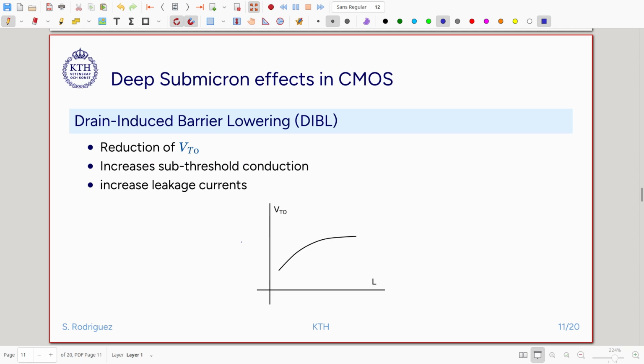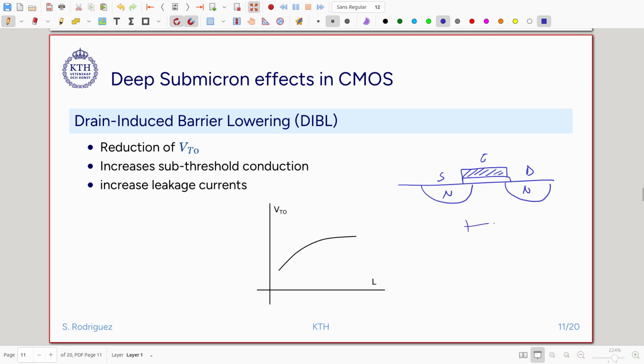Then we have other kinds of issues like drain-induced barrier lowering, DIBL. When the length of the transistor gets scaled down, the threshold voltage also goes down. We have the transistor here, the poly, and the source, gate, and drain regions.